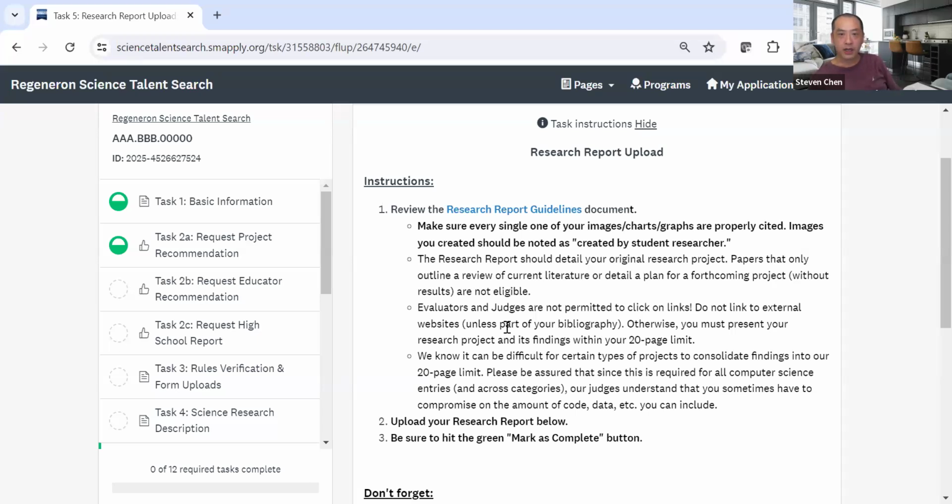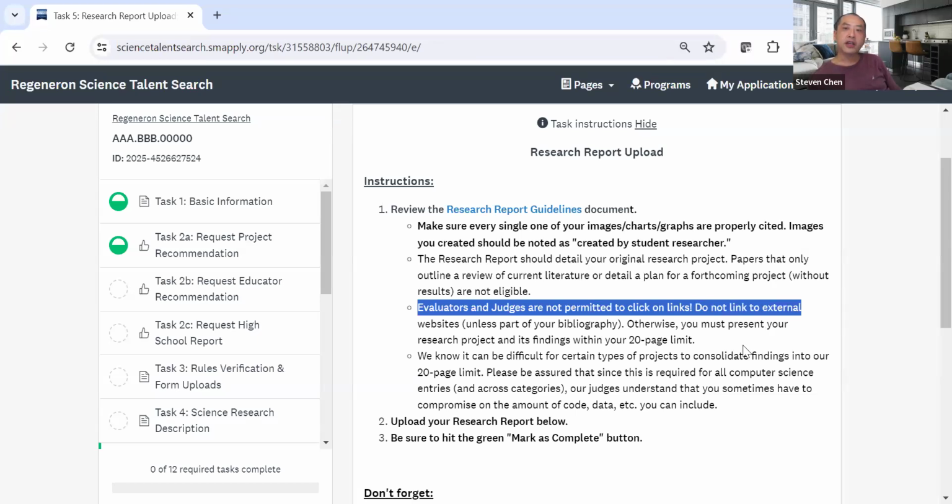Okay. Another thing is here. Many people try to provide links in their paper to direct judges and evaluators to click on them, right? For the evaluations in STS, this is not allowed. They're not allowed to click on your links. This happens a lot in particular with people who do lots of coding.